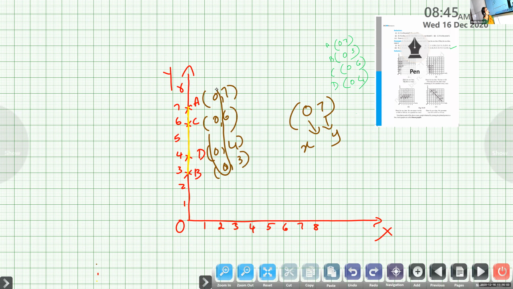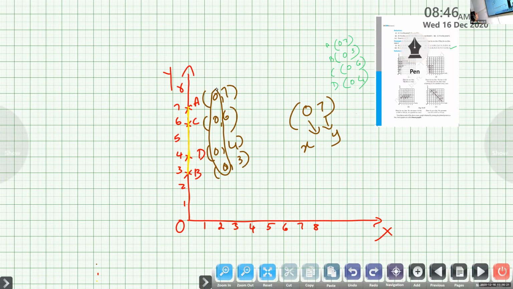Okay, understood all of you how it comes? We can see that when we plot the points in which the x coordinate is 0, those points lie on the y-axis. So we can generalize: for all points on the y-axis, the x coordinate will be 0.